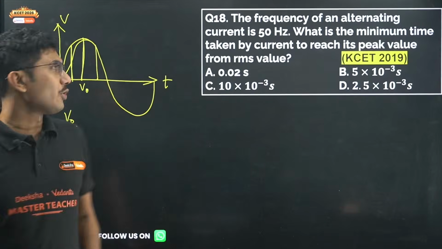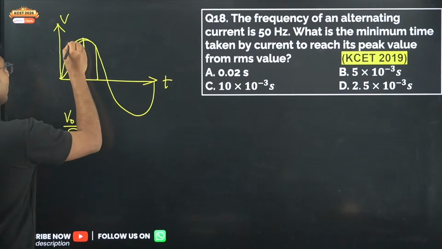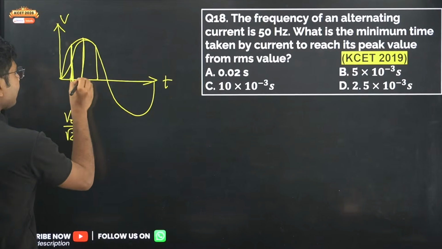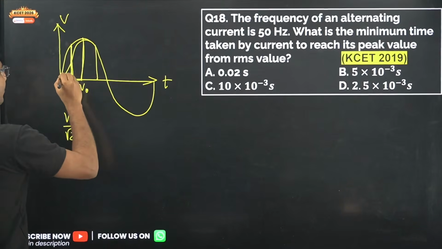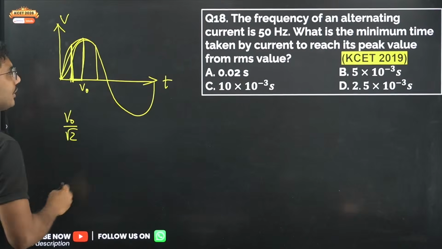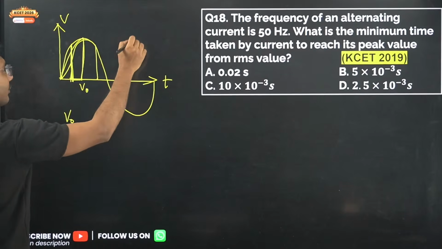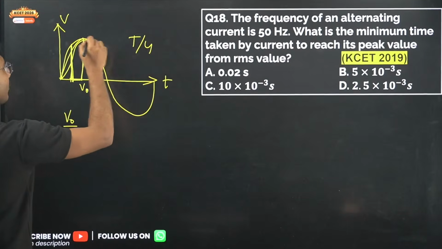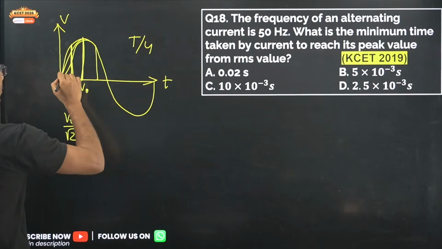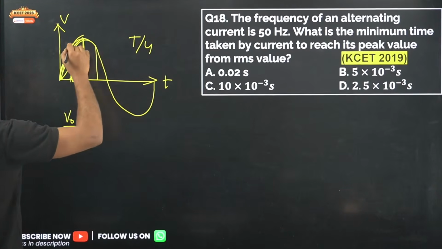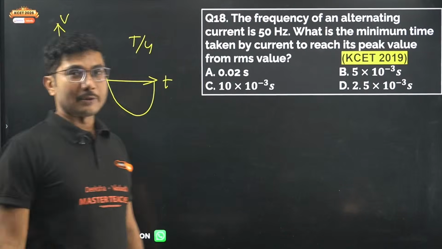They ask how much time it takes to reach from RMS value to peak value. If it is starting from 0 to peak value, we know that if we know the time period, T by 4 will be the answer, but only for 0 to peak value. But what about RMS value to peak value?